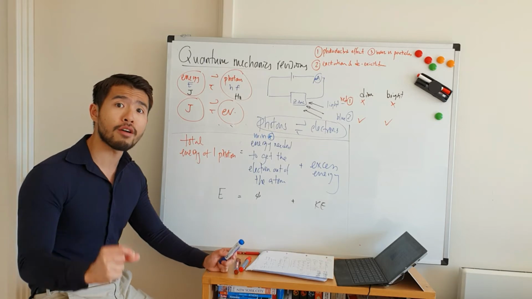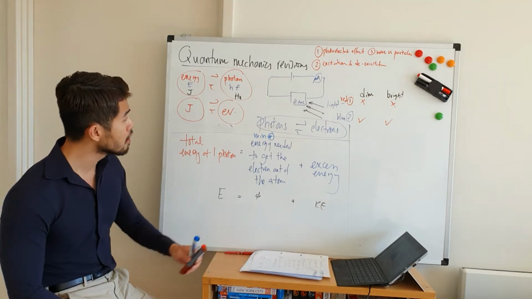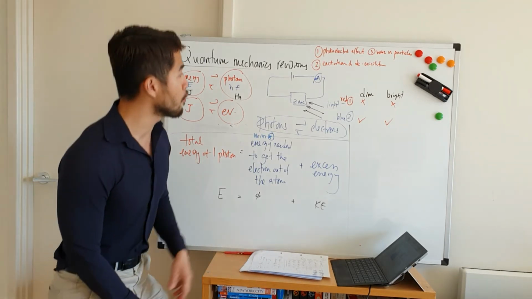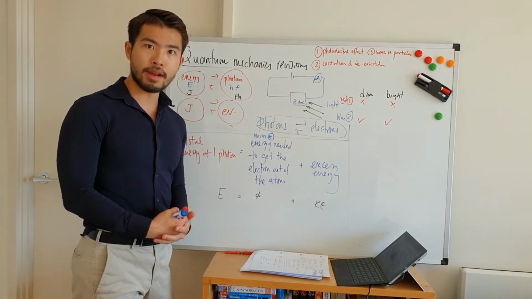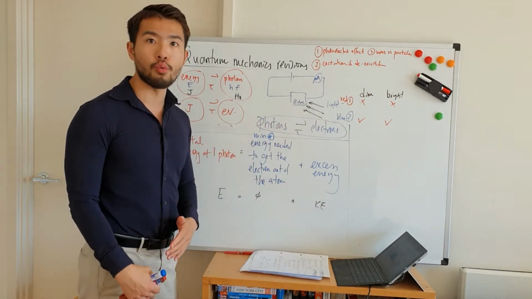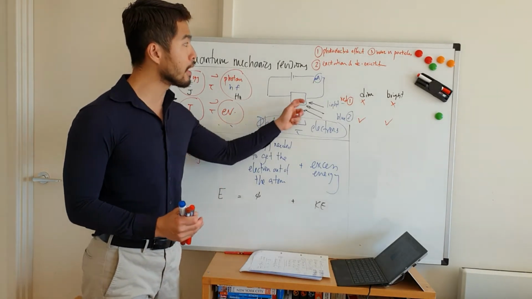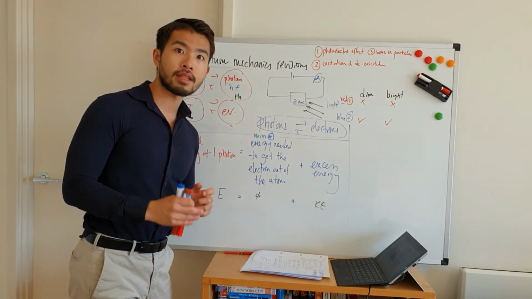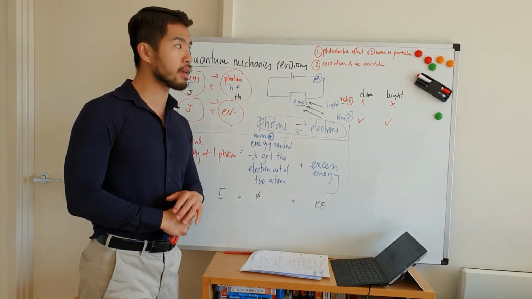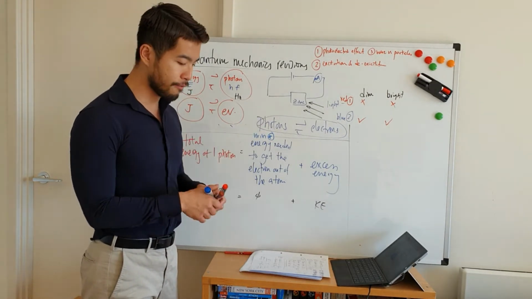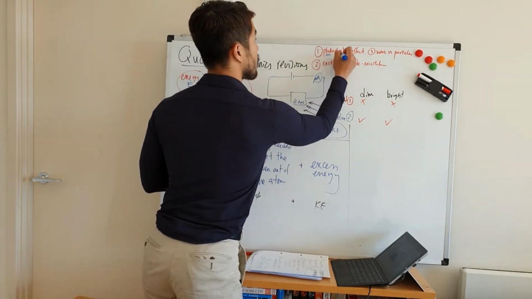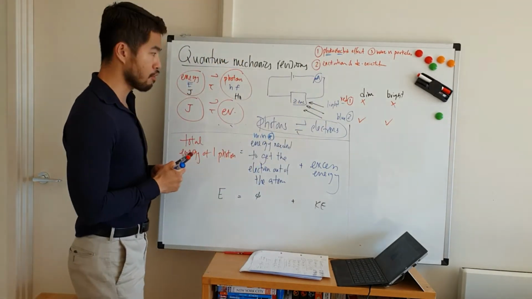That is called the work function. So you can shine an electromagnetic wave onto a piece of metal, and electrons will come out. That is called the photoelectric effect. Photoelectric effect means photons giving us electrons.